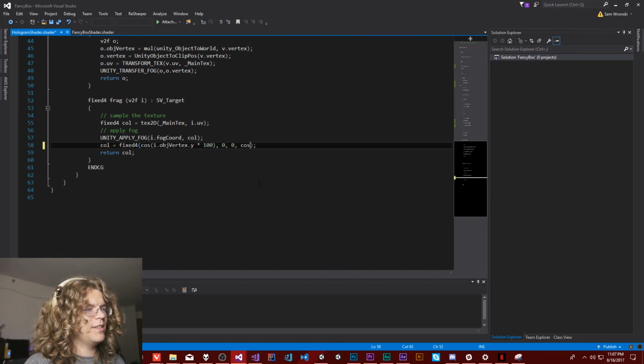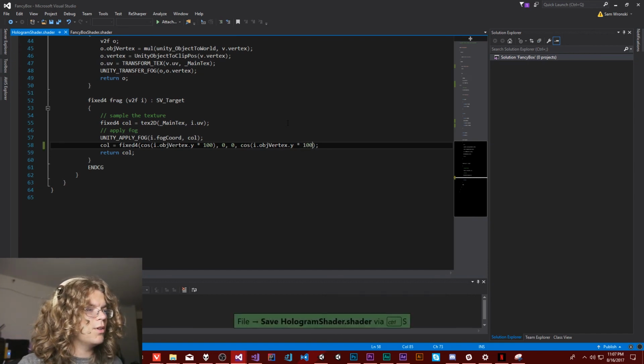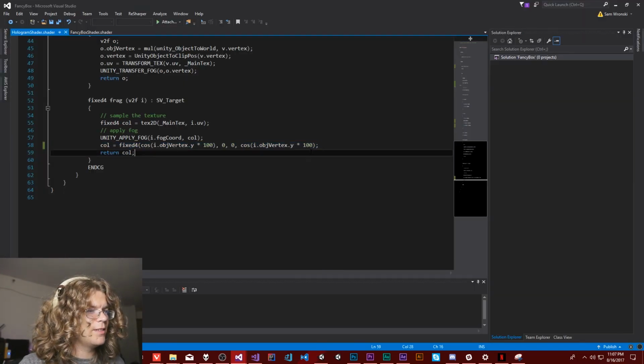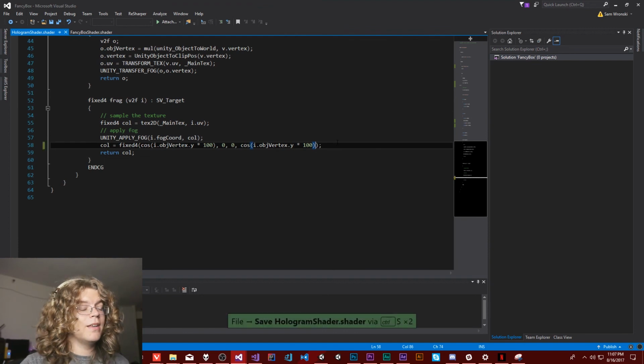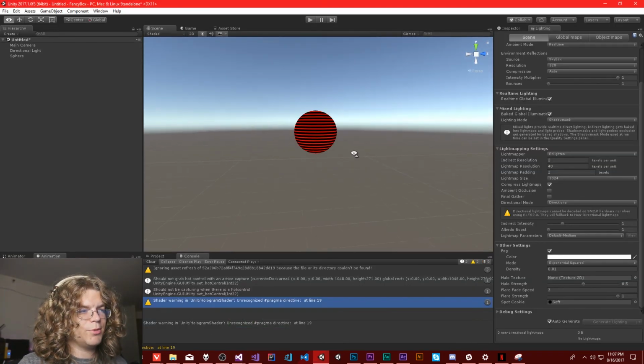What's the best way to do this? Cosine of 1 times, actually, object vertex dot y times 100. Cool. Yeah, that ought to work. Nope. Missing something. Parenthesis. Of course we're missing a parenthesis. Why wouldn't we be missing a parenthesis?